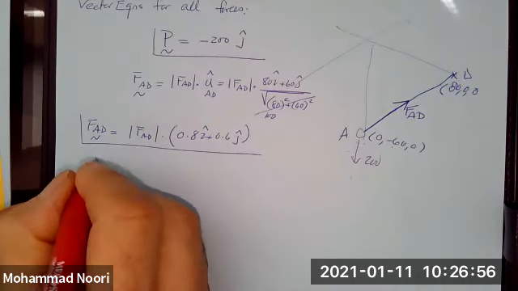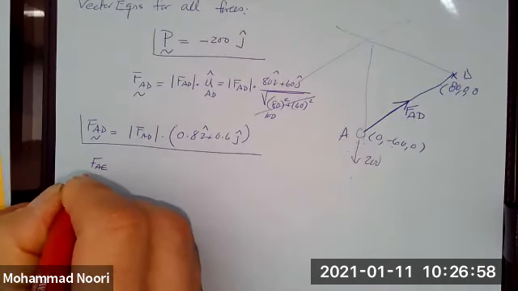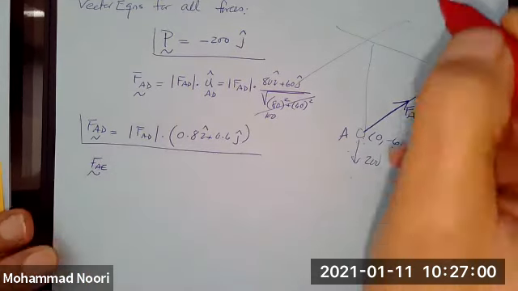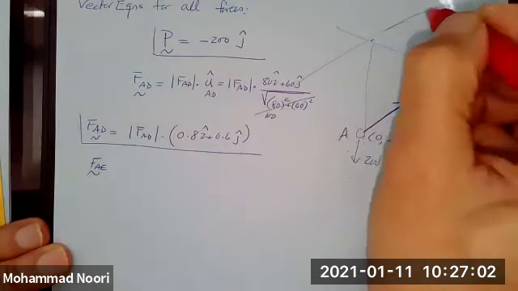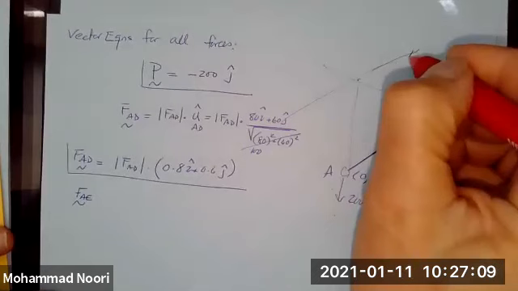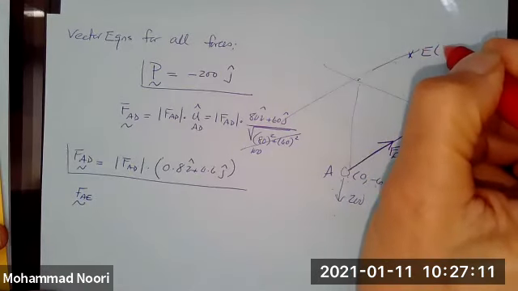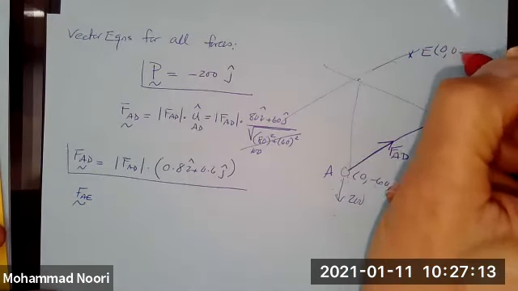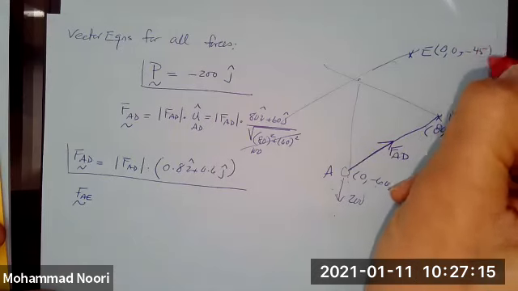Now, how about the force in AE? This is point E, 0, 0, negative 45.